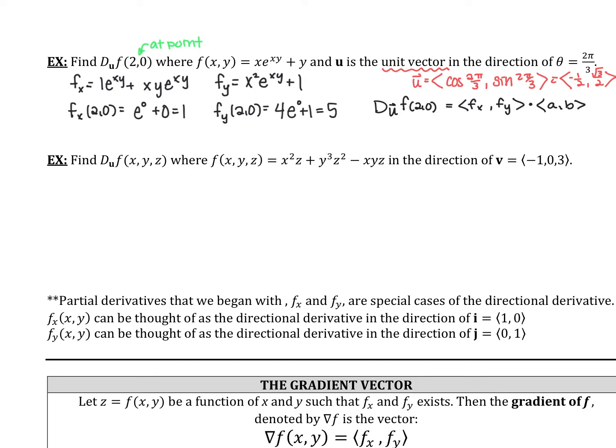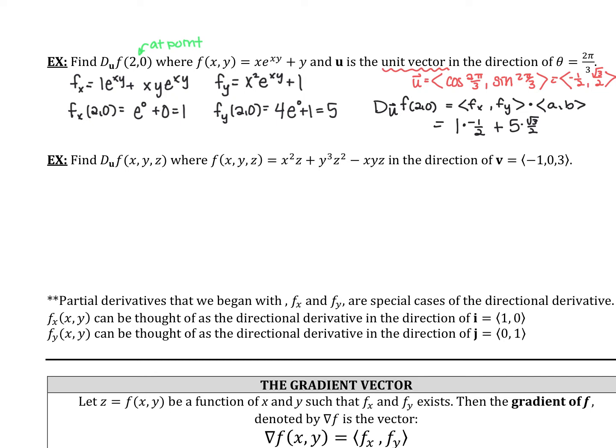And so what that looks like for me, in this case, the partial with respect to x at the point is 1, multiplied by the x component of the unit vector, so negative 1/2, plus the partial with respect to y at the point, which is 5, times the y component of the unit vector, which is root 3 over 2.